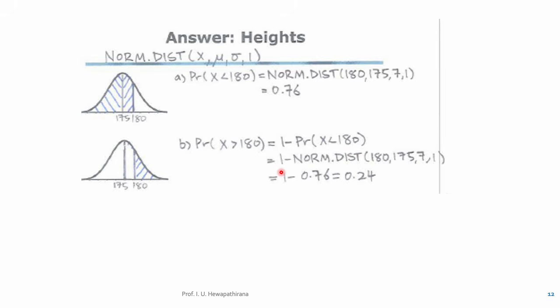So that would be 1 minus norm.dist, x is 180, mean 175, standard deviation is 7 and cumulative true. So 1 minus 0.76, the probability is 0.24. So this area is 0.24.